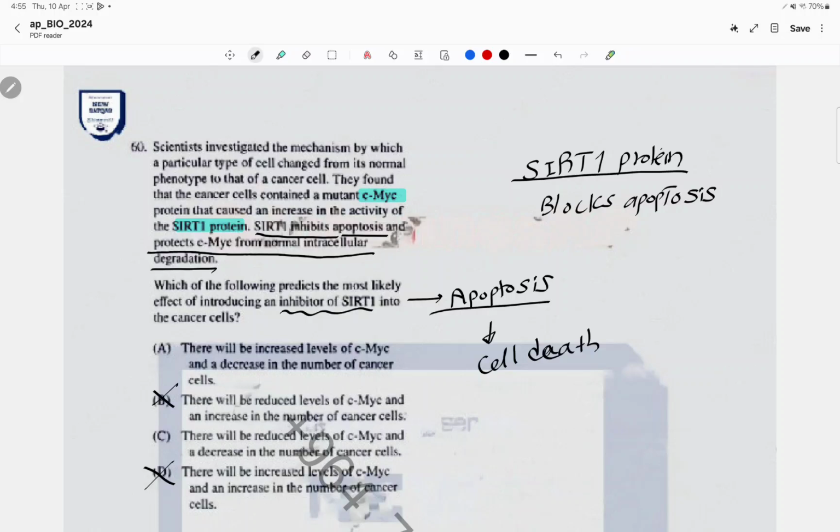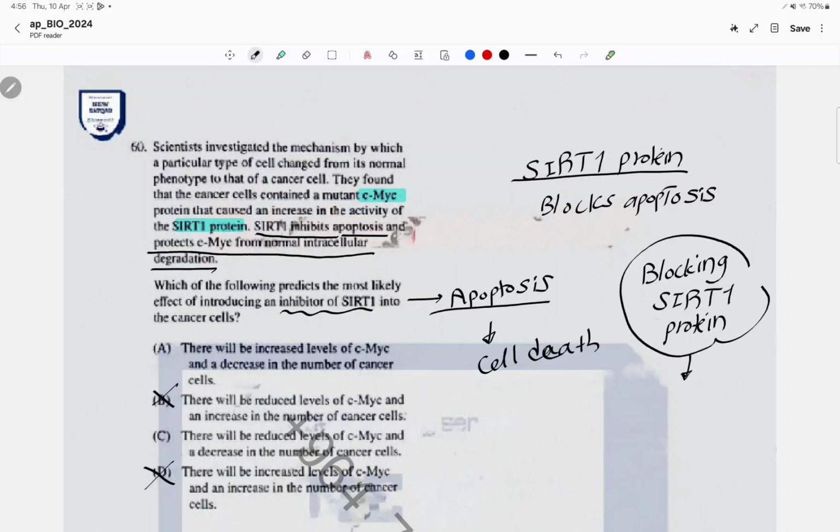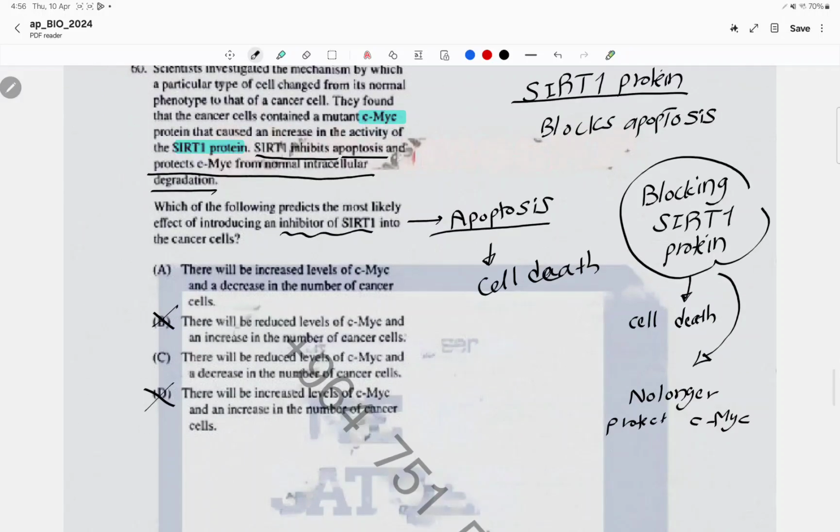So now by blocking SIRT1 protein, you will not only cause cell death, but you can no longer protect CMYC from normal degradation.